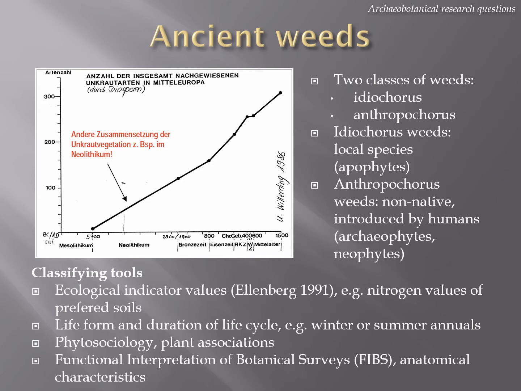Taphonomic factors also play a role, as we will see later. As most plant remains are from accumulations, they are not from the same field, thus don't represent plant communities. We therefore don't know for sure which species were weed species in the past.